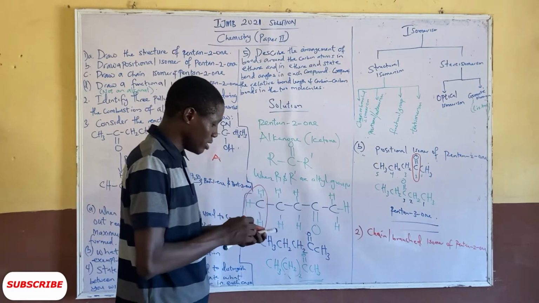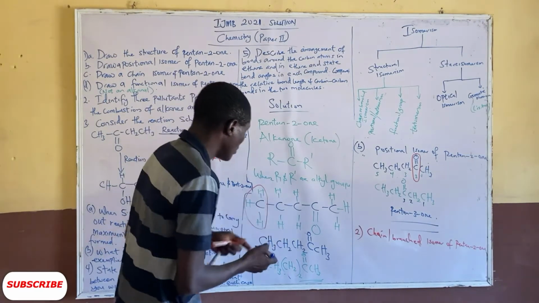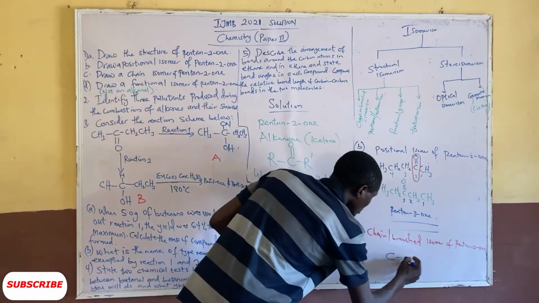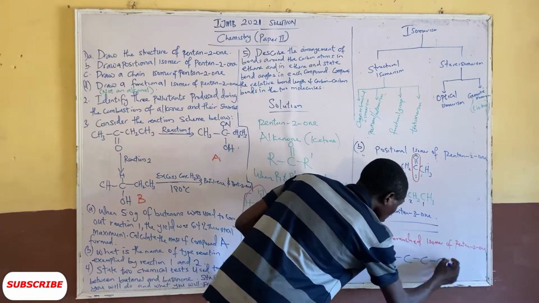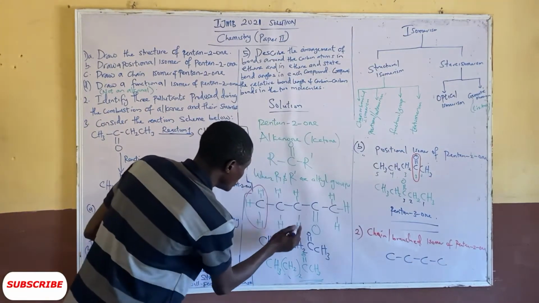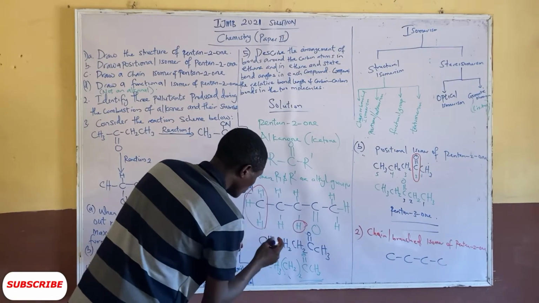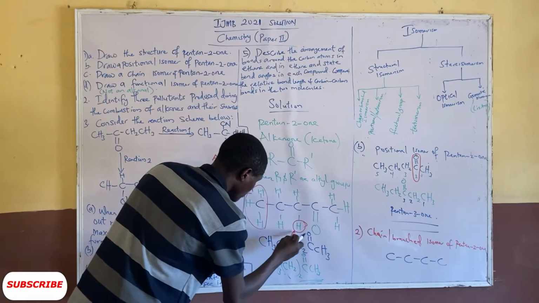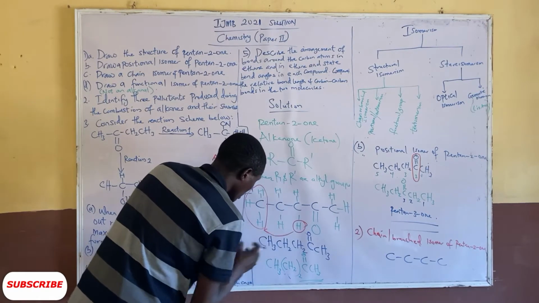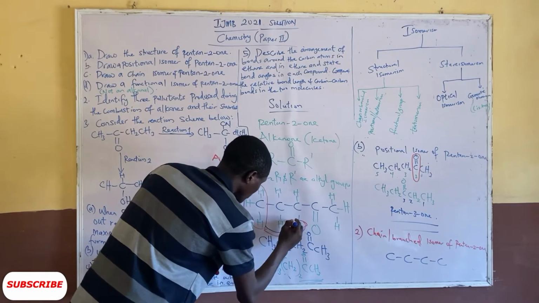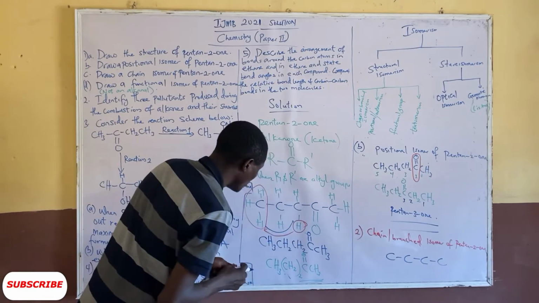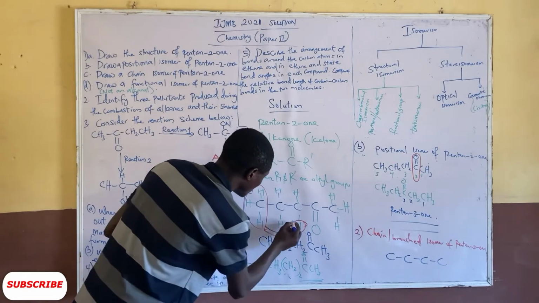So when you cut it, what do we have? Following this one, when you cut it, we have C, C, C, and then C. You have 4 C. Then you remove one hydrogen here. You exchange this one with this. This one will come here, and this one will go here. So now let's exchange it as we have done. This is going here.